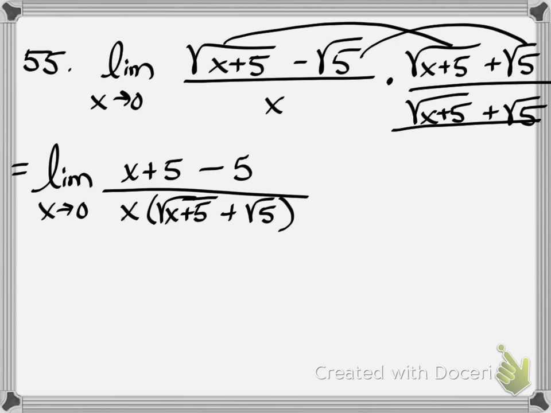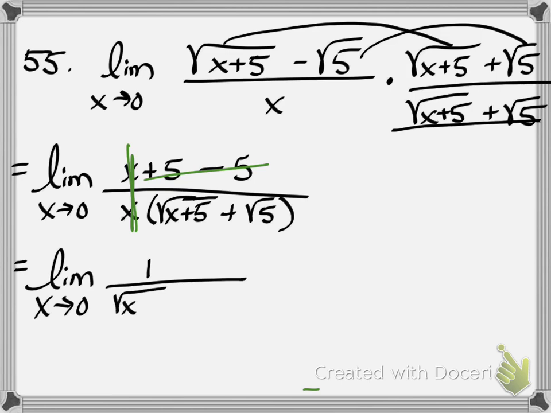Now let's look at that numerator a little bit. Plus 5 and minus 5 is gone. There's nothing left there but x, and x over x divides out. So then you're left with a 1 in the top in your denominator.